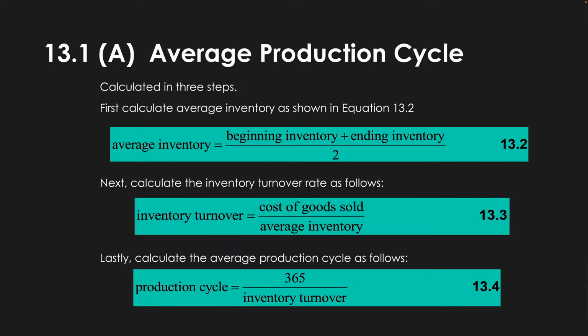What this tells you is how many times in a year you churn through your inventory that's sitting in your warehouse. And then to get to your production cycle, which is also called inventory turn days, you divide 365 by the inventory turn, and that tells you how many days sales you have in inventory.